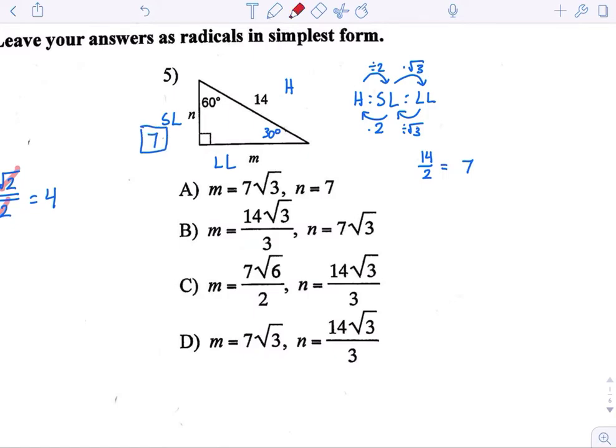And then following the ratio, from short leg to long leg, you have to multiply by square root of 3. So 7 times square root of 3 is simply 7 root 3. So that means our answer is going to be A.